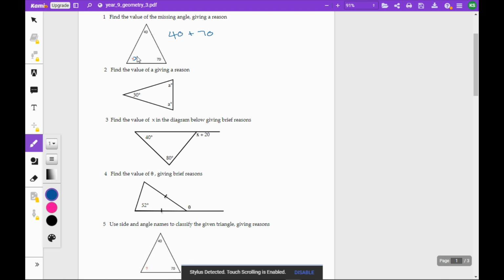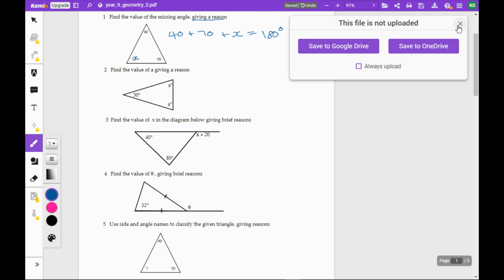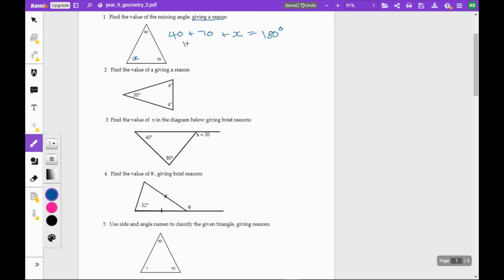Let's call the missing angle x, okay? So plus x equals 180 degrees. And it says give a reason. And the reason is angles in a straight line. So that's 110 plus x equals 180 degrees. So therefore x will equal 70 degrees.